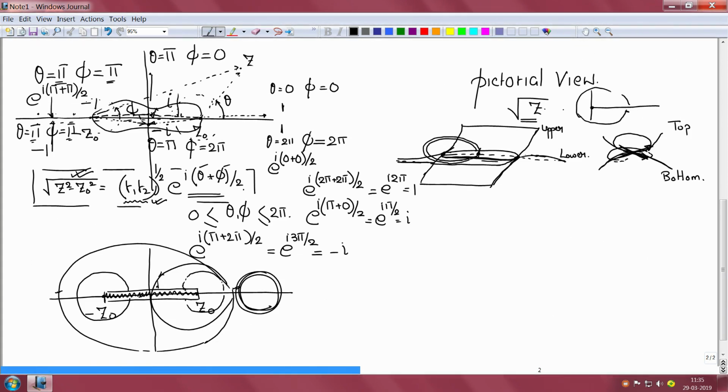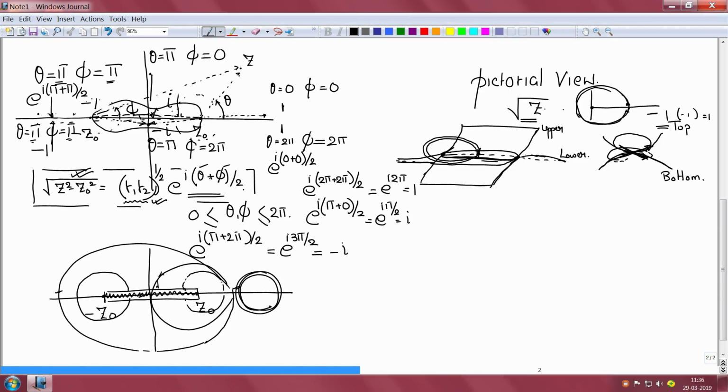But if you want to come back and touch this line, you will enter one sheet or the other. Because you have square root, twice you go around, you come back and get back the same sign. Once you go around, you switch sign to -1, second time you go around, you again switch sign. The product of these two gives you 1. So 2 rounds you go, you get back the same sign.